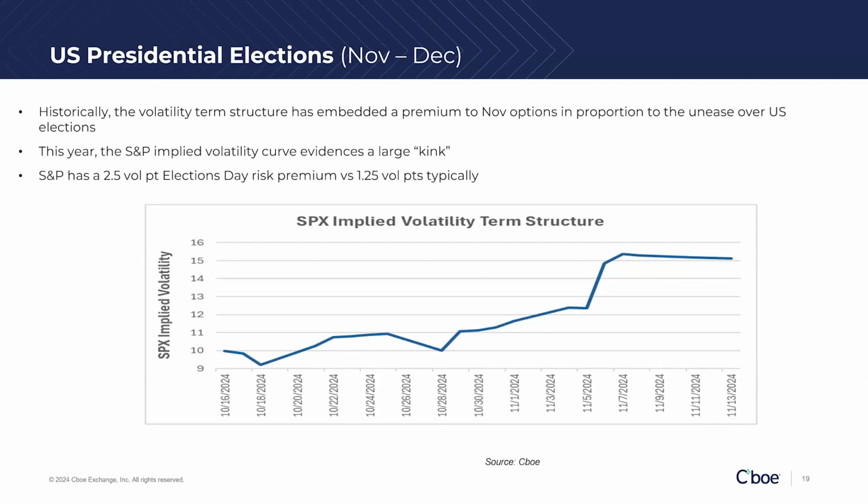For events, oftentimes we refer to the S&P implied volatility term structure, and I think the more interesting event for this month, obviously, is the U.S. presidential elections. Now, normally, the implied volatility term structure is upward sloping.